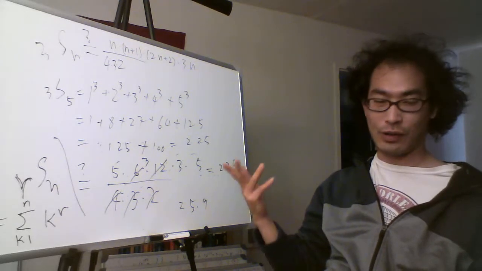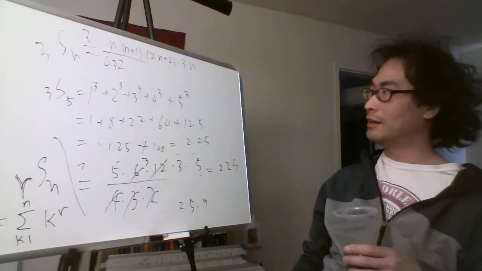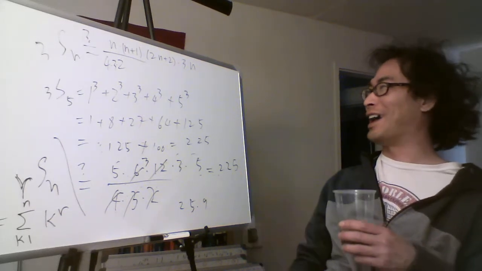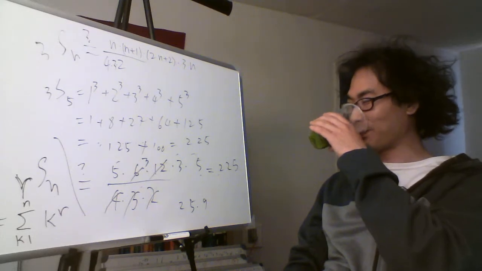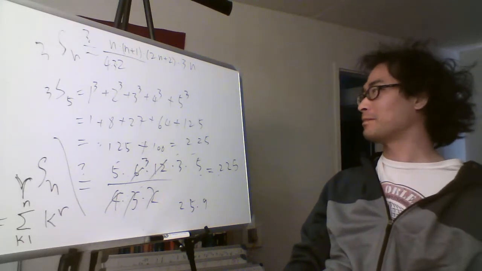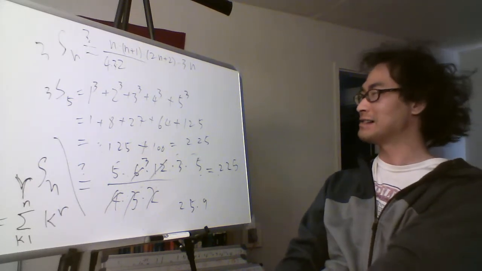Mathematical induction, okay? I'm not explaining it very well, but I'll let you do it. I'm not going to do this. No, I'm not doing it, okay? So I'll leave it to you.